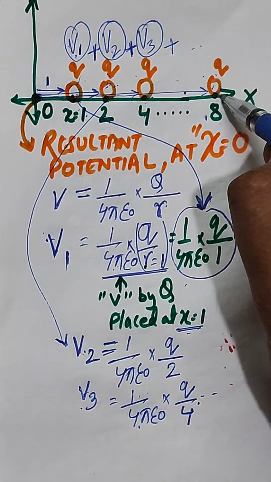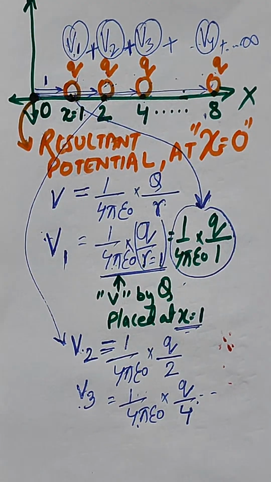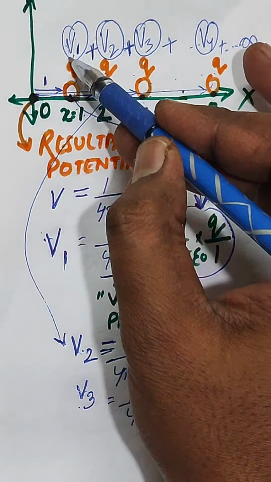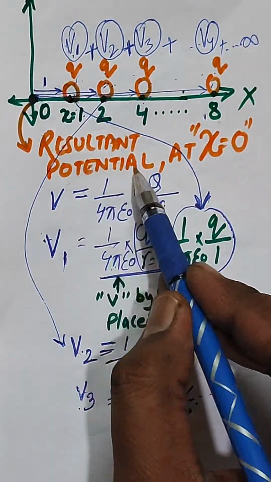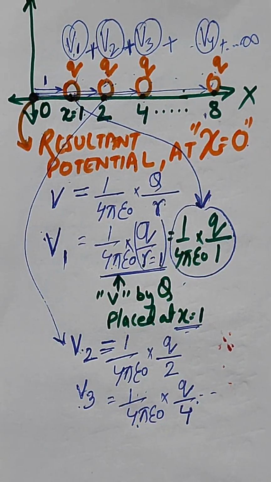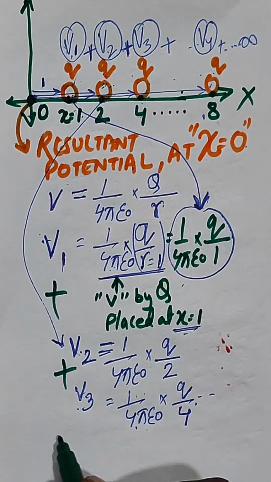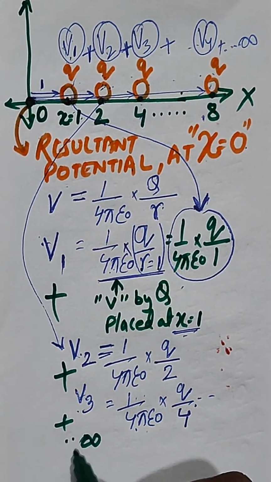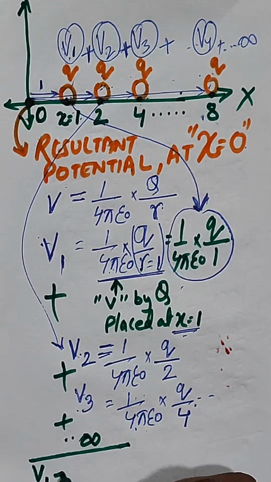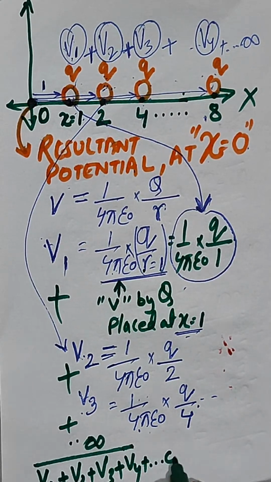So you don't need to think much, you just add v1 with v2 with v3 with v4 and so on till infinity.